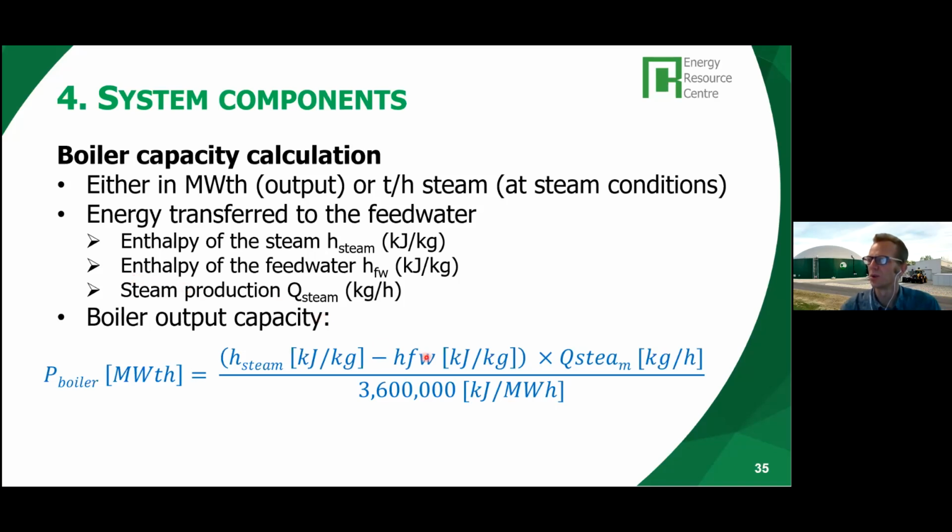Calculations on the boiler capacity, for example, in megawatts, are done on the basis of the enthalpy of the steam and the feed water. Let's say the difference between the steam enthalpy and the feed water enthalpy, both in kilojoules per kilogram, and the steam flow.